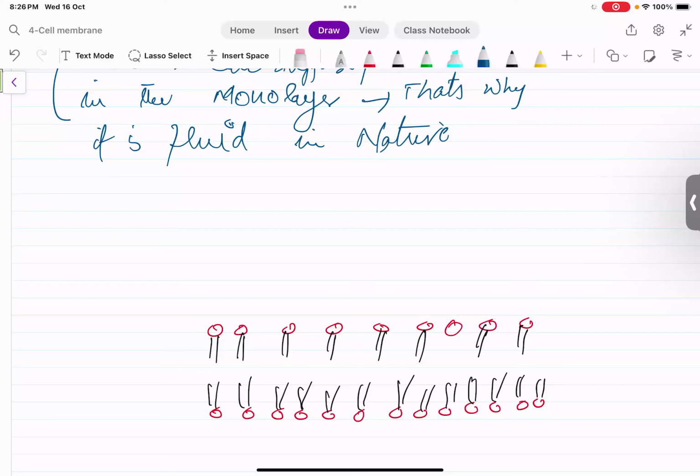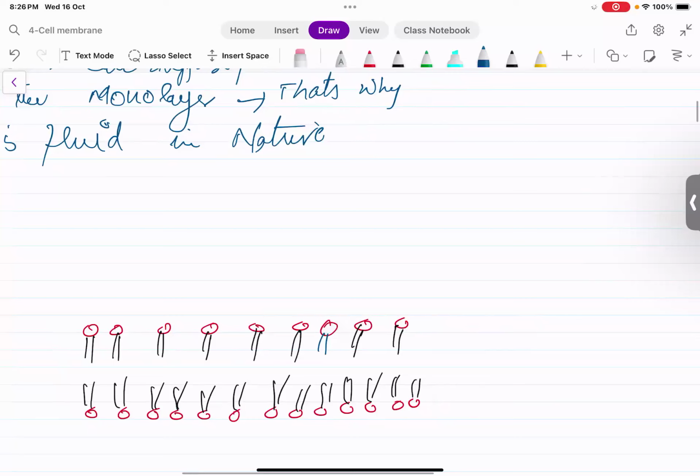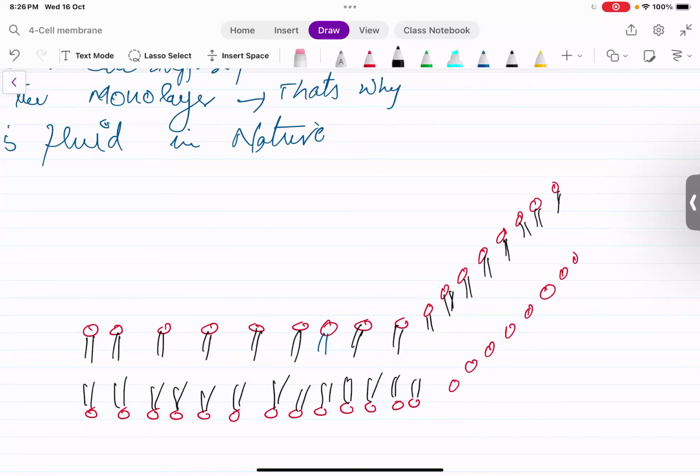And if we look at it from a top view, we can draw it from this side, showing a 3D view. So this is the top view.